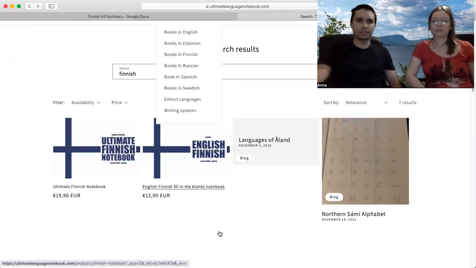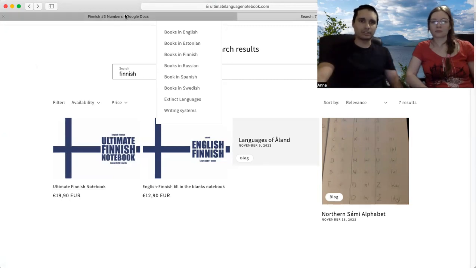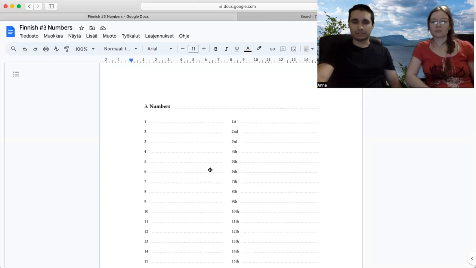And then the other one here is almost the same, but you already have all the answers from English to Finnish. For example, now we are giving the answers to the fill in the blanks notebooks that you can see here.